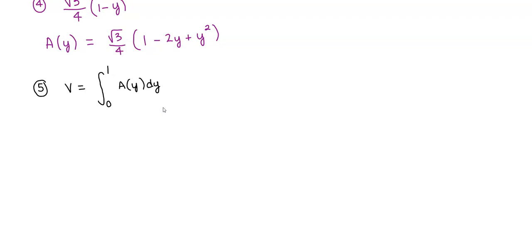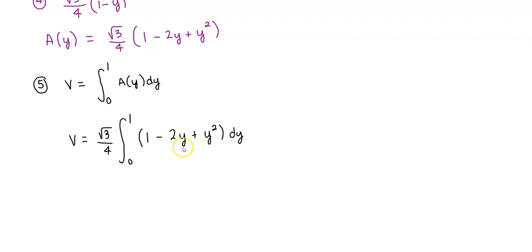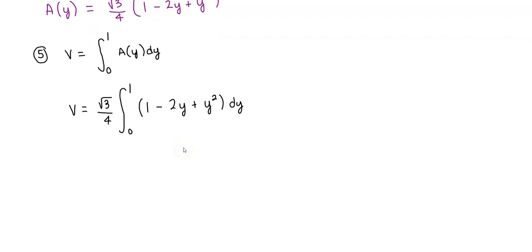So now let's go ahead and find the volume. We're going to factor out the constant, which is the square root of 3 over 4, going from 0 to 1, of 1 minus 2y plus y squared dy. And so now let's find the antiderivative.